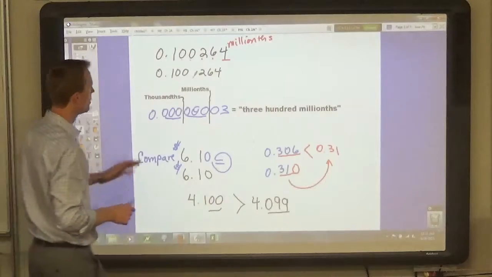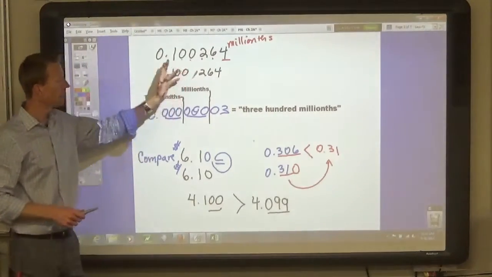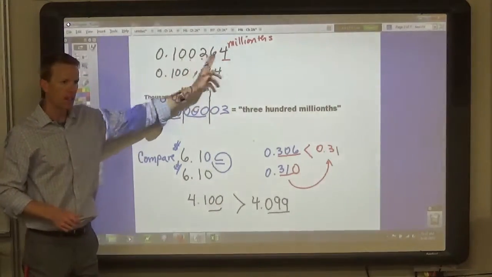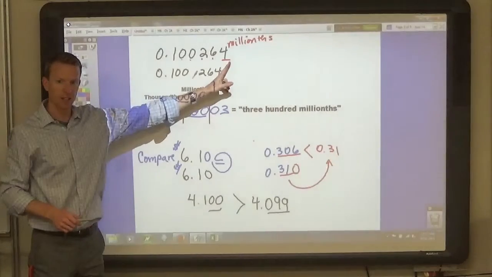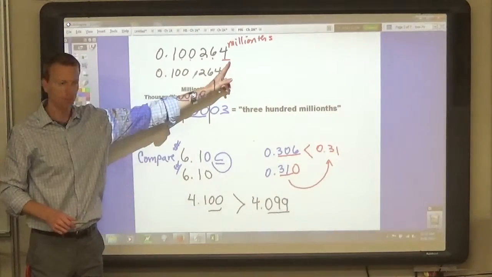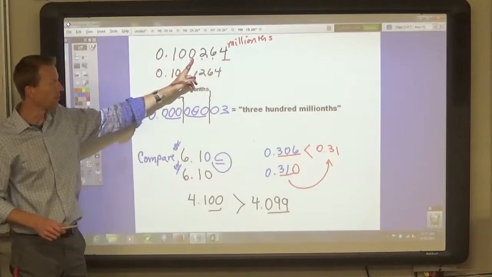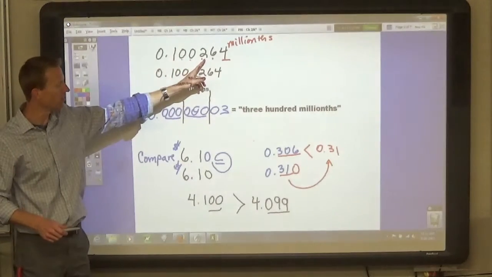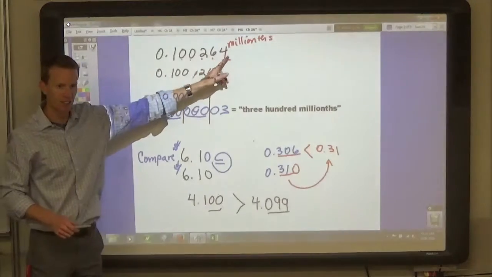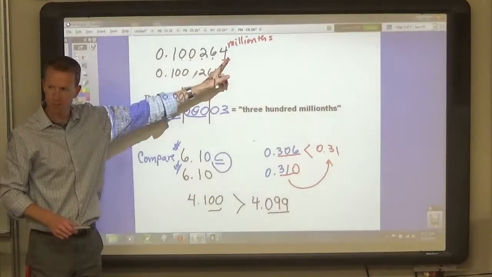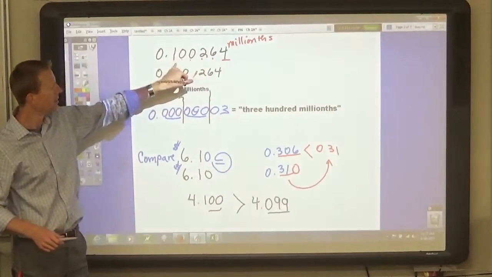Okay? Since it starts with tenths, then 6 places is millionths. It goes like this: tenths, hundredths, thousandths, 10 thousandths, 100 thousandths, millionths. Read those with me.